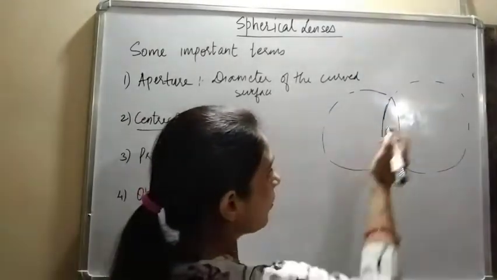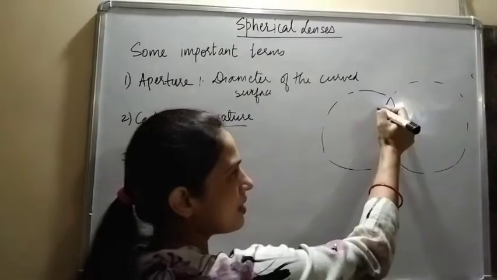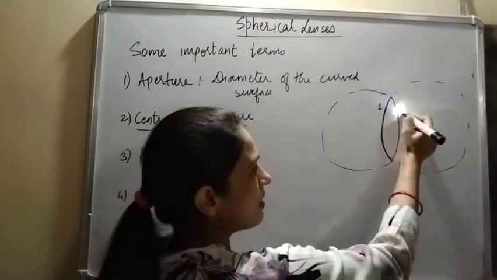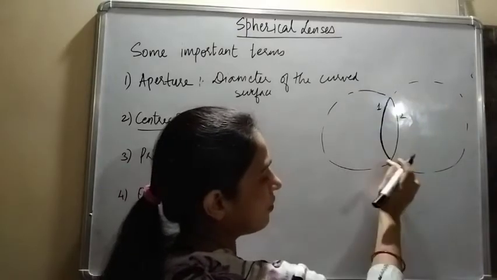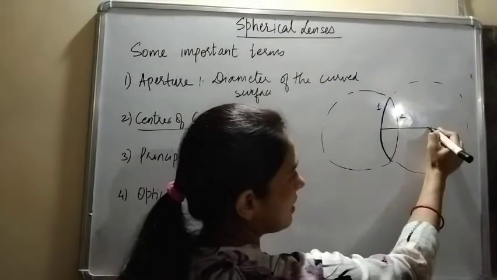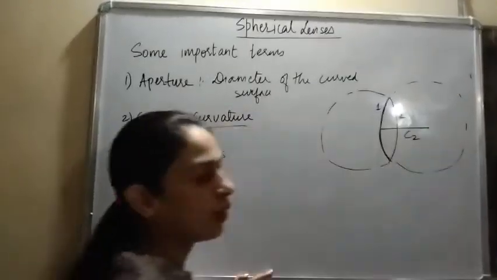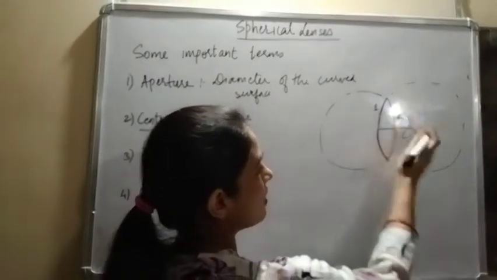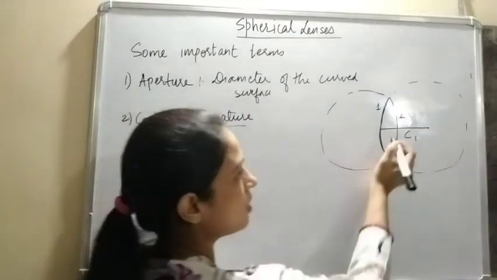If you consider this surface as surface 1 and this surface as surface 2, then this surface is a part of this sphere, so its center is C1, the center of curvature 1.